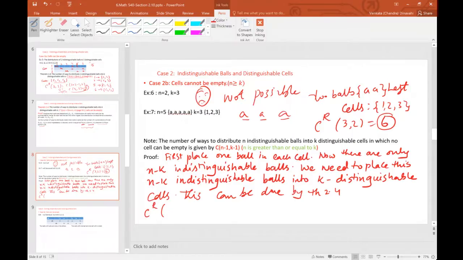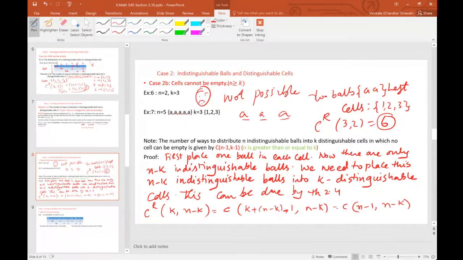With k cells and n minus k balls, this is going to be, by the previous result in the previous section, C(k + (n minus k) minus 1, n minus k). If you simplify that, the k's will cancel out, so this is C(n minus 1, n minus k).